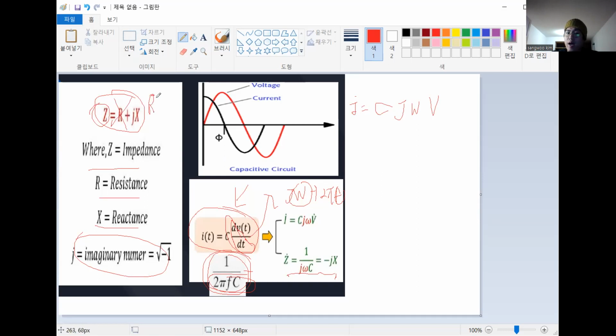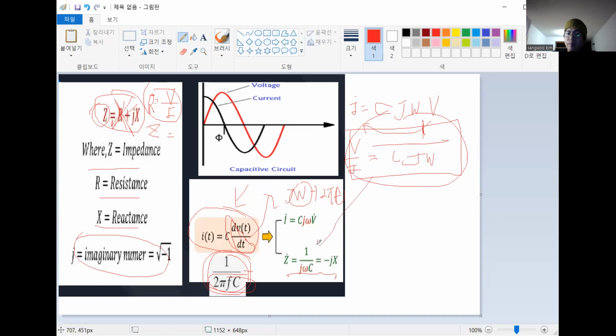For example, R is V over I, which means the same thing here, because we don't have only the resistor part. So if we move it over, I over V equals C times j omega, j omega C, we get this, right?